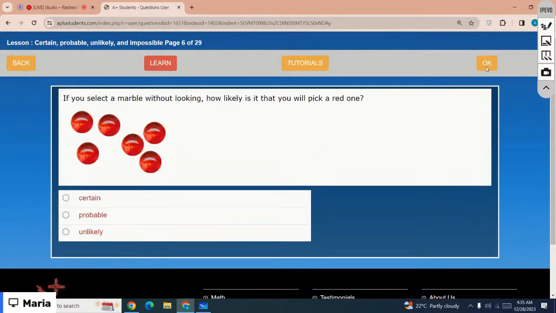If you select a marble without looking, how likely is it that you will pick a red one? Which is the correct option?